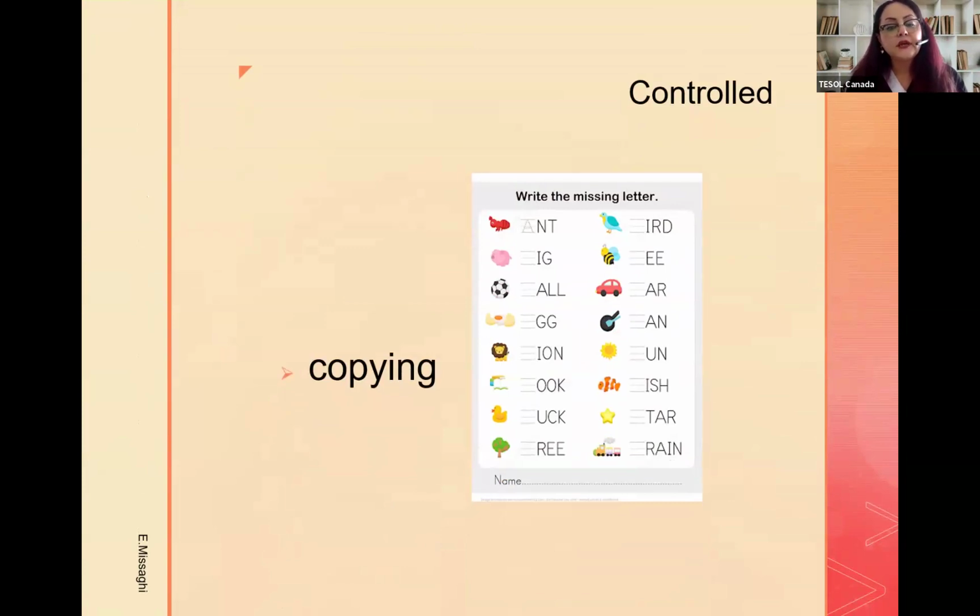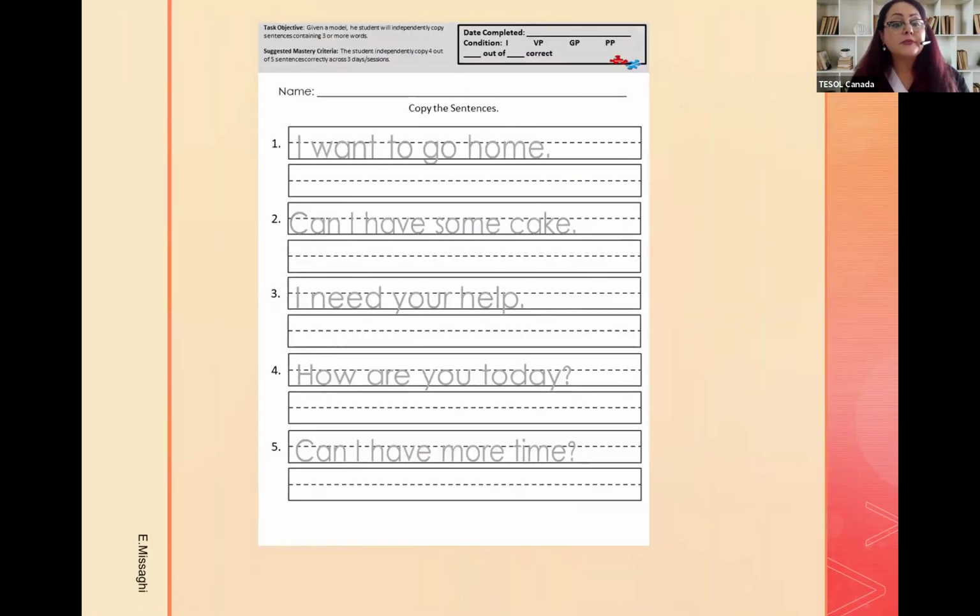Look at the picture and complete the word. So it's ant, okay? They write A. Well, sometimes they only need to trace over or pick P. This is copying too.